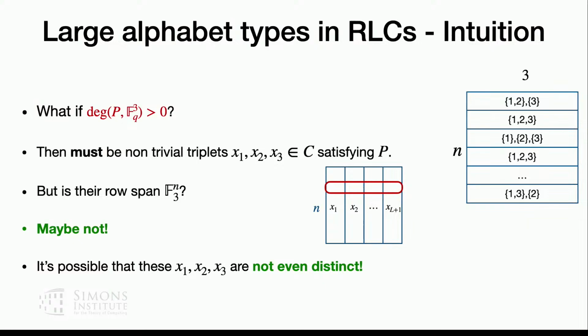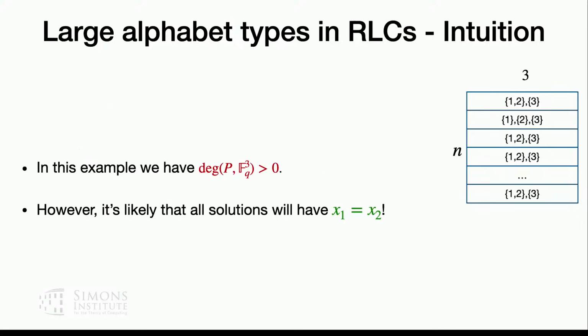Yes, you could get a triplet in which x1 is always equal to x2. Yeah, it's possible. But somehow the first moment method can account for that? Yeah, we're going to be discussing exactly that. You're going to get an idea of what this sort of thing really looks like in a random linear code.